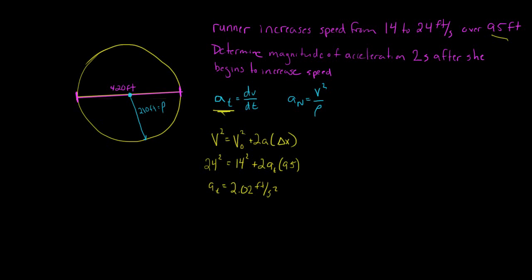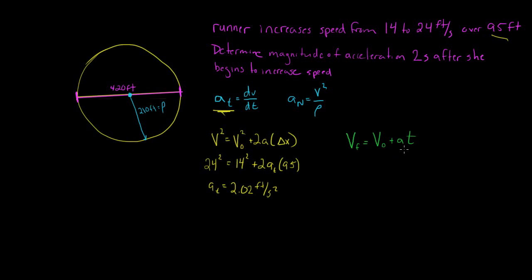Now we need to figure out the normal acceleration. To do this, we need to figure out her velocity 2 seconds after she begins to increase her speed. It is equal to the initial velocity plus the acceleration times time.